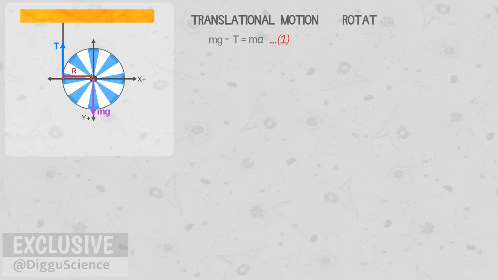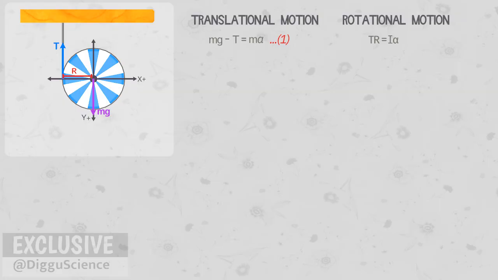Next, we will analyze rotational motion. Sigma tau is equal to I alpha. As mentioned earlier, the only force with a moment arm is the string tension. Tr is equal to I alpha. The yo-yo can be thought of as a solid cylinder.